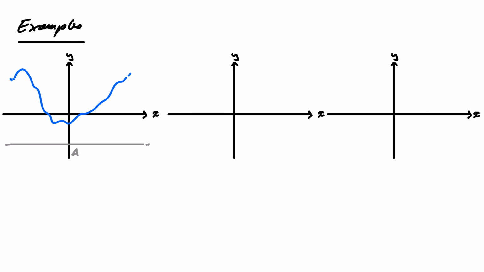Now, we could also do something where it's bounded above in exactly the same way. Something like this, a totally random graph. This is bounded above, isn't it? Because if I draw this horizontal line, it never gets bigger than it. And we could have a scenario where you are both bounded below and above.